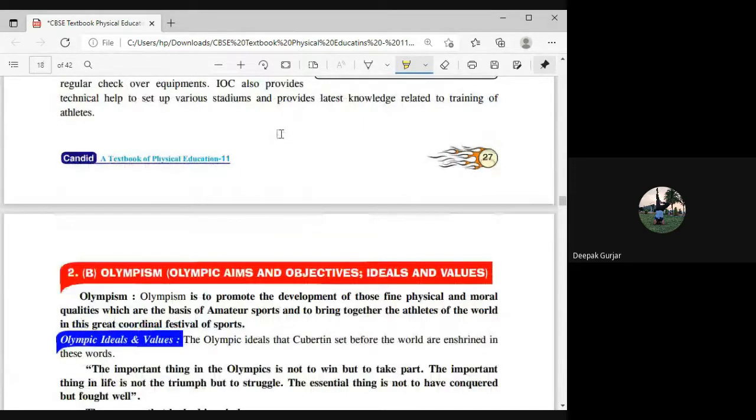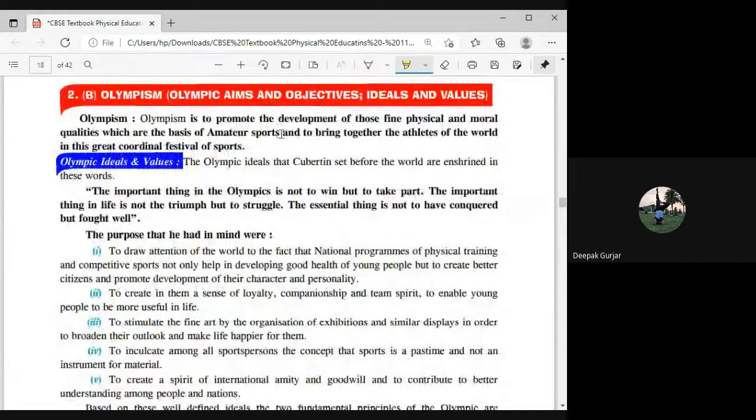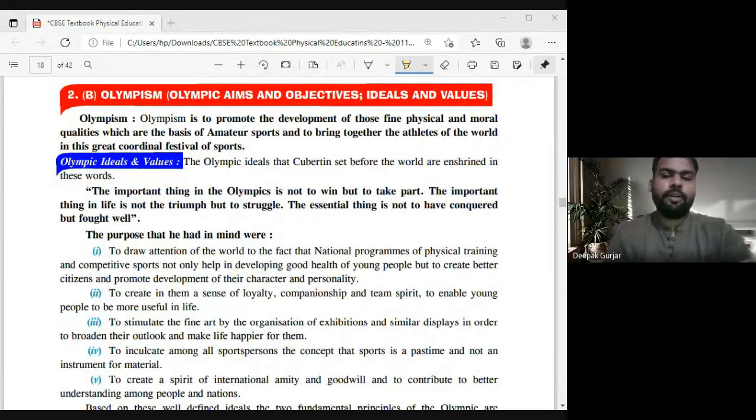Let us come to the new point, that is Olympism. Olympism's aims, ideas, and objectives. Olympism is to promote the development of the fine physical motor qualities, which are the basis of amateur sports. What is this? Olympism: what is fine motor development and what is gross motor development?